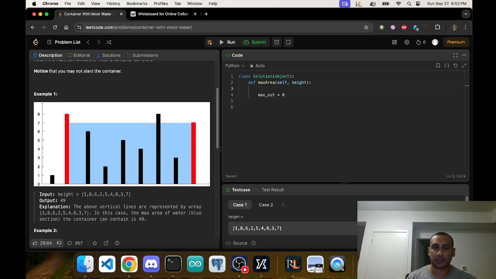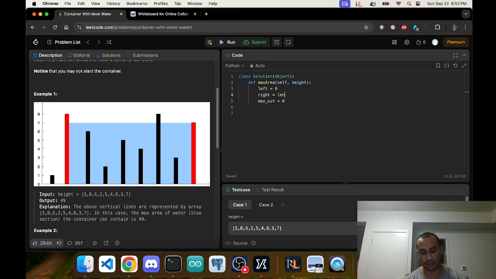Second thing, first I'm also going to define my points. So left equals 0, right equals length of height minus 1.